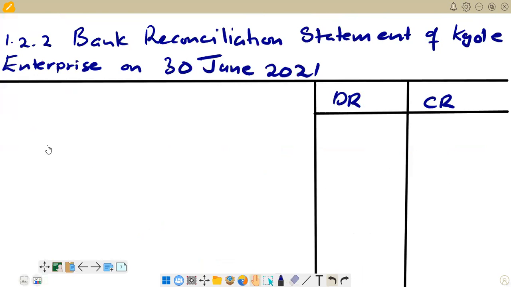And it's a favorable balance, which means it's a credit balance. Remember, in the bank statement, the favorable balance will be on the credit side, so it's a credit balance.